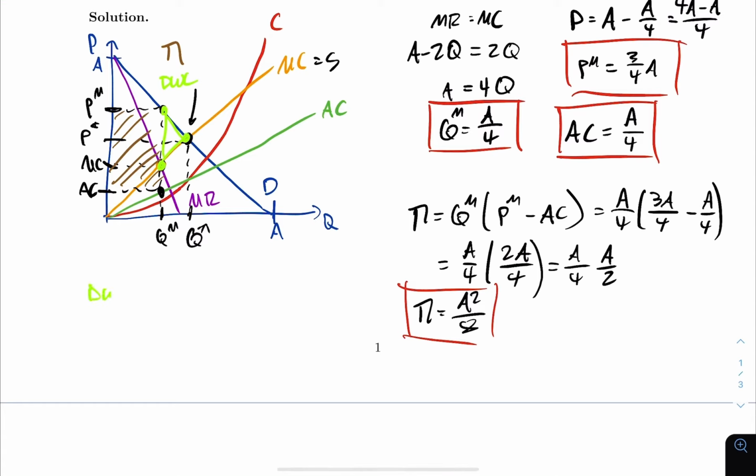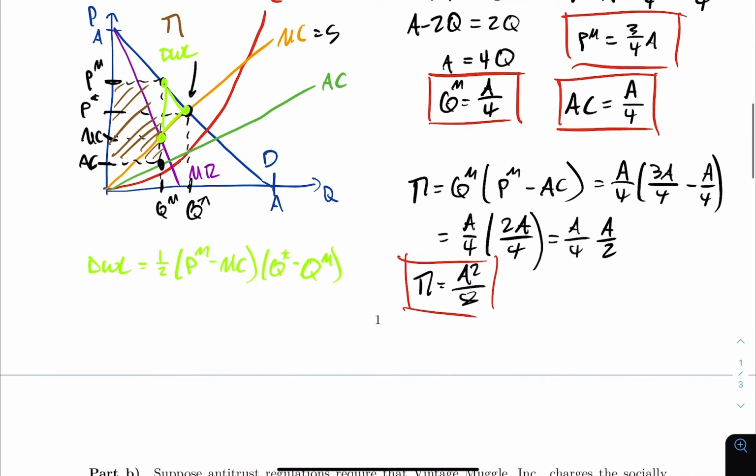The deadweight loss is just equal to 1/2, because that's a triangle, times height, which is PM minus MC, the markup coming from the market power, times the change in the quantity, Q star minus QM.